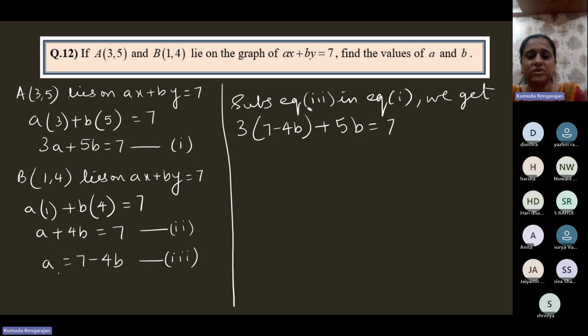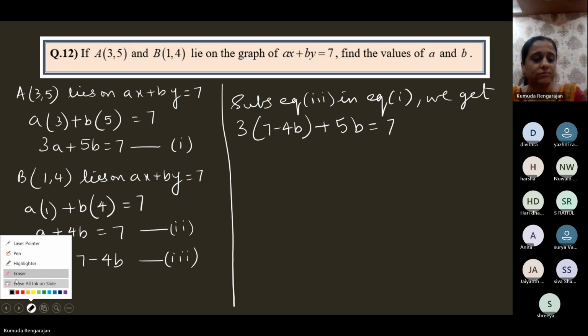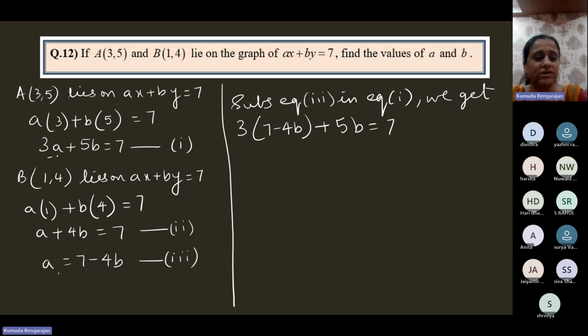So substituting 3 in 1 we get 3A. What is A? 7 minus 4B. So 3 into 7 minus 4B plus 5B is equal to 7. Now actually here we had two unknowns A and B, but after substituting, the unknown A is gone. We only have B. So now let's work this equation and find the value of B.